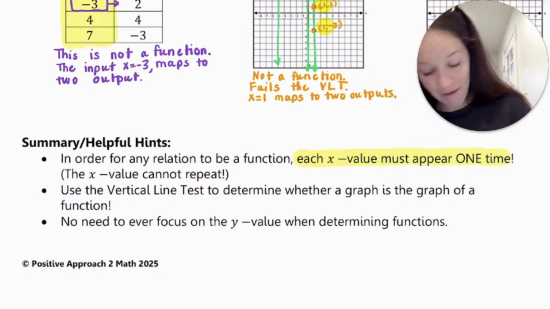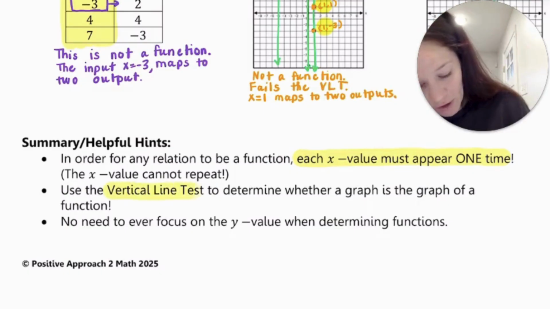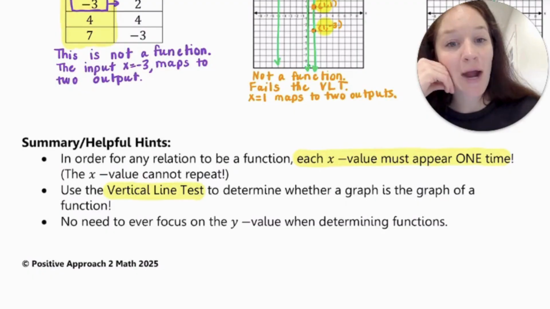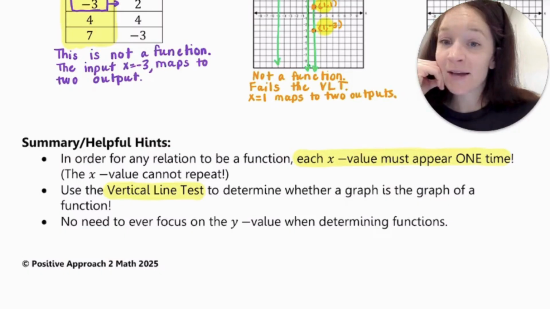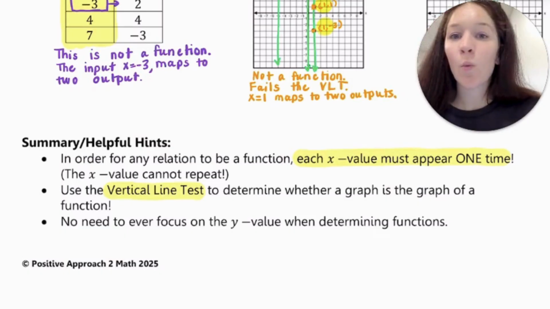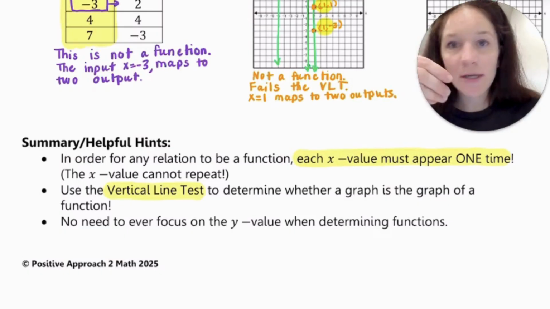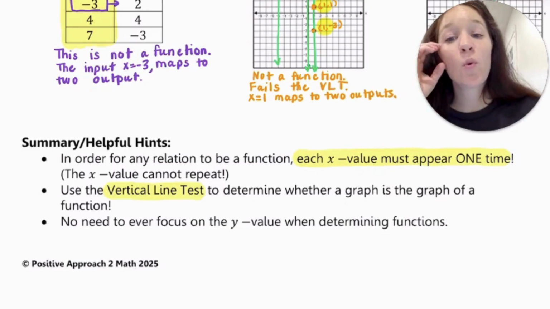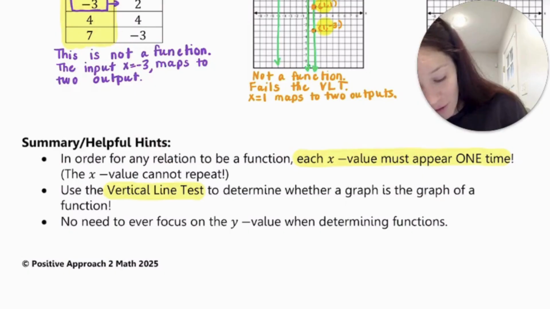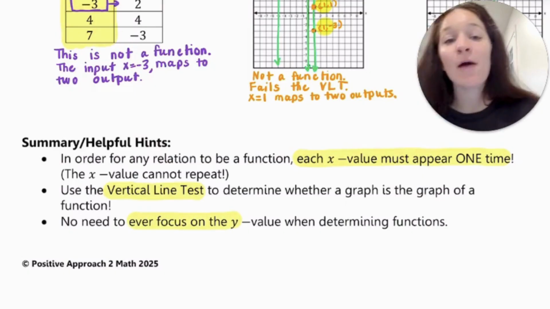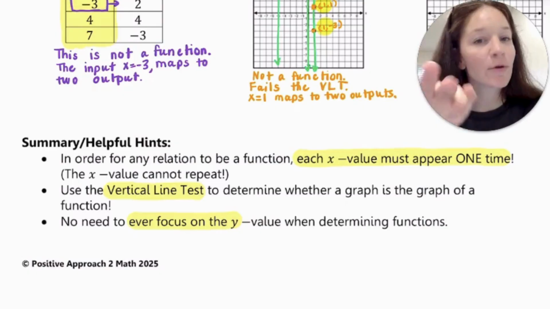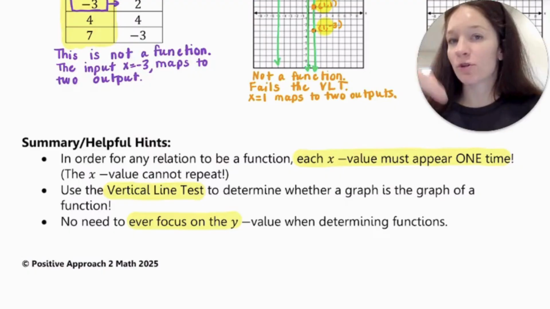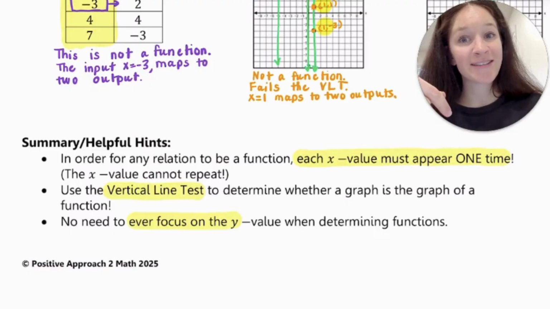When we have graphs, we use something called the vertical line test to determine whether a graph is or is not a function. And when you are looking at these things, we don't even pay attention to the y values. Do not ever focus on the y value. That will not tell you whether or not something is a function. All we care about is the input for determining whether or not something is a function.